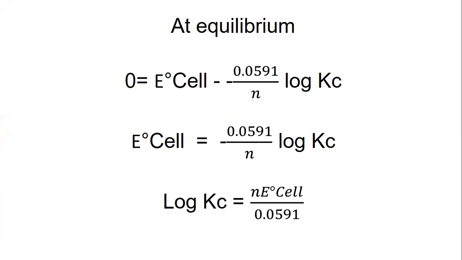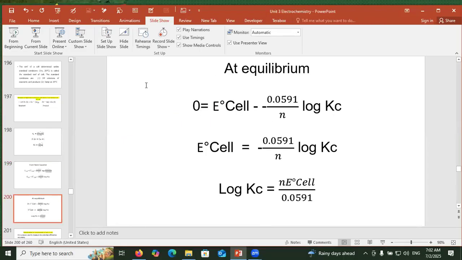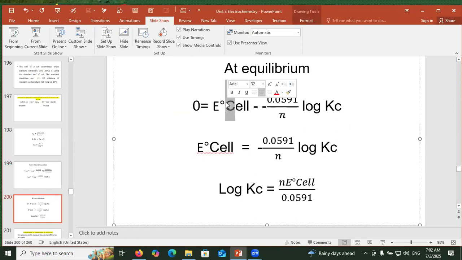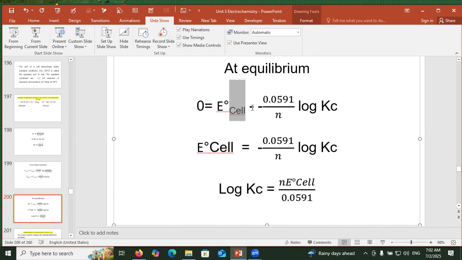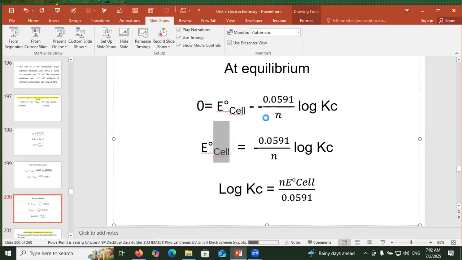At equilibrium, E cell equals 0. So E naught cell equals 0.0591 over n log Kc.